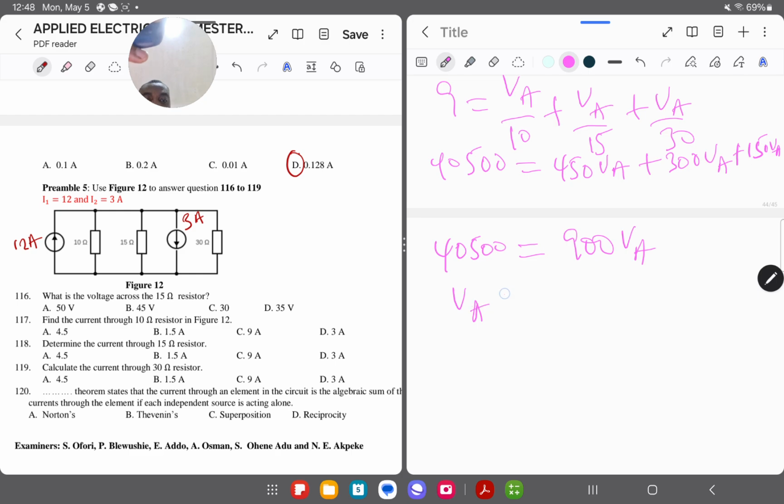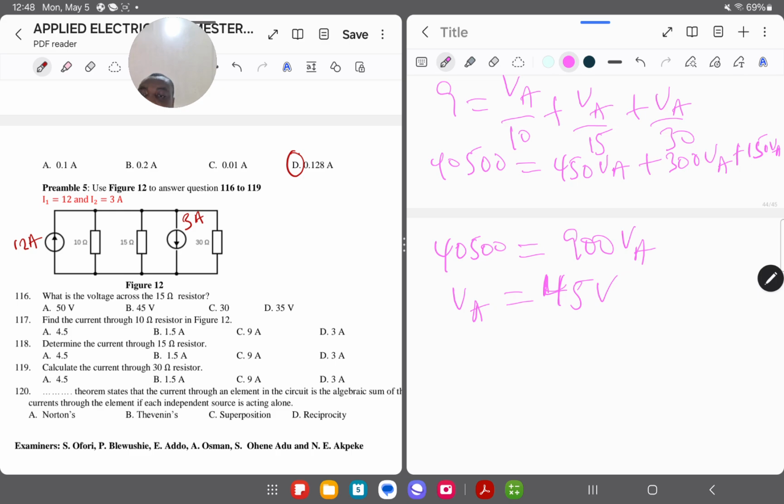So VA is going to be equal to the inverse of this times 4,500. So that will be 45 volts. So you get the answer here to be 45.